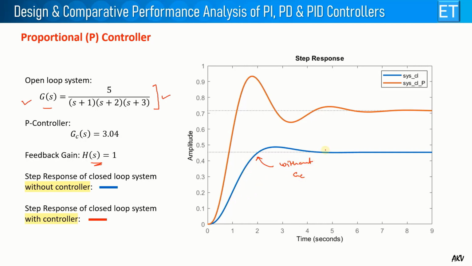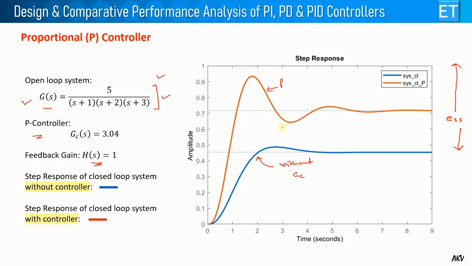Here you can see that I'm getting this response which has a huge amount of steady state error. The final value should be 1 because of the unit step, but it is settled at somewhere around 0.46. So there is a huge steady state error with this system only, but when we introduce the P controller, we get this type of response.